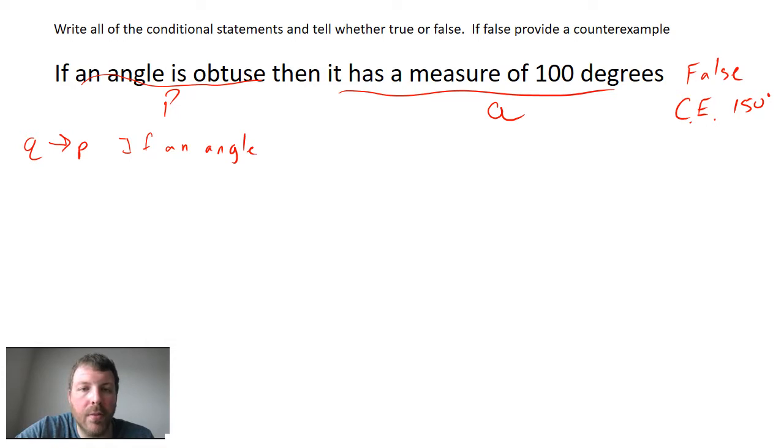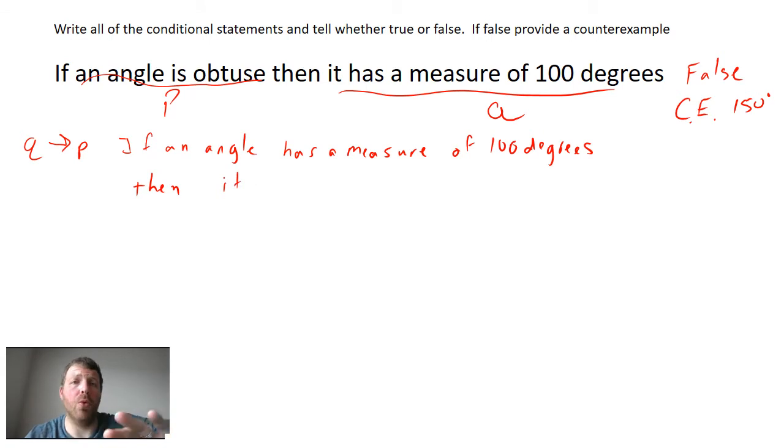So if an angle has a measure of 100 degrees, then it is obtuse. What I did was I took the conclusion and I moved it to where it's now the hypothesis, and I switched them. So I switched P and Q.